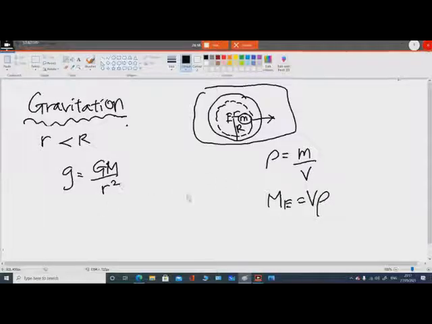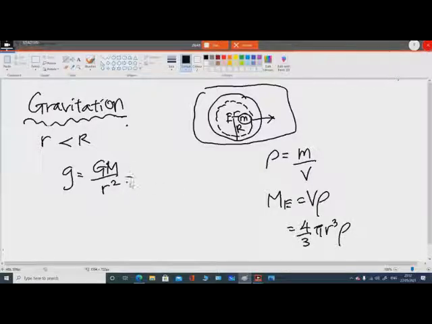The volume of the Earth is 4 over 3 pi r cubed, which is the formula for a sphere, considering the Earth is a perfect sphere, times the density of the Earth.